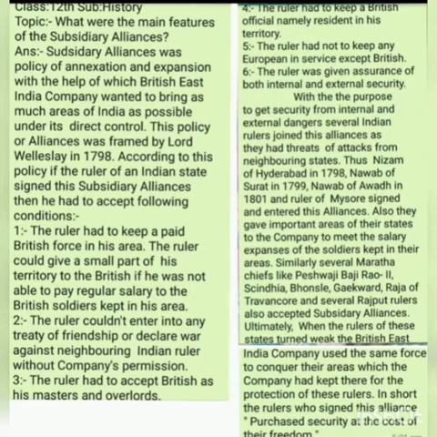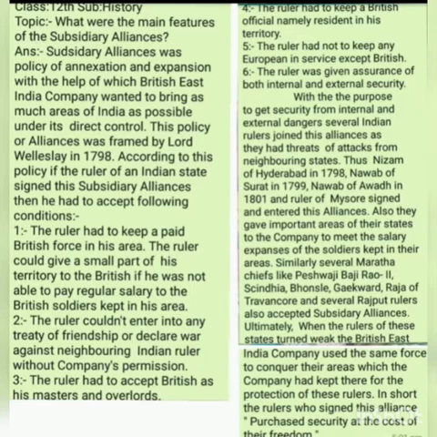So with the purpose to conquer more and more areas, Lord Wellesley in 1798 came out with a new policy, known as the policy of subsidiary alliances. In other words, subsidiary alliances was the policy adopted by Lord Wellesley to bring more and more Indian areas under direct British control.